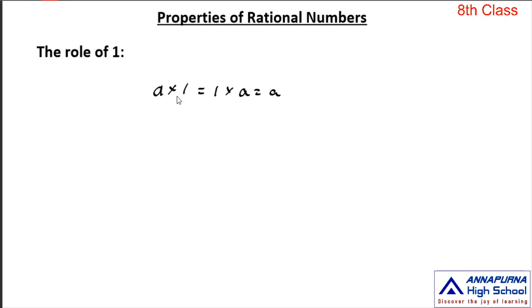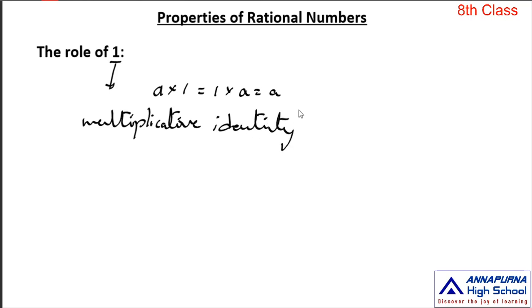Like 0, here when you multiply any number by 1, or 1 by any number, we get the same number as the result. Okay, so that's why we call this one the multiplicative identity.